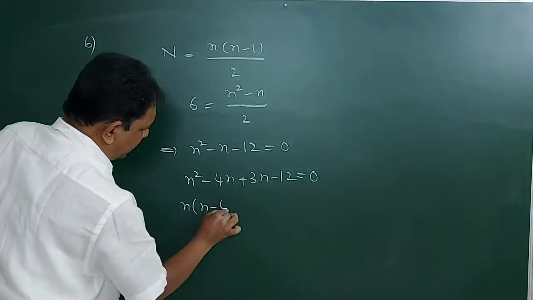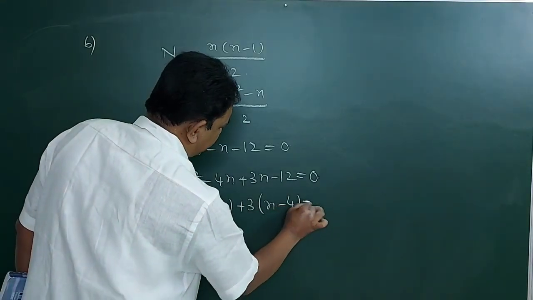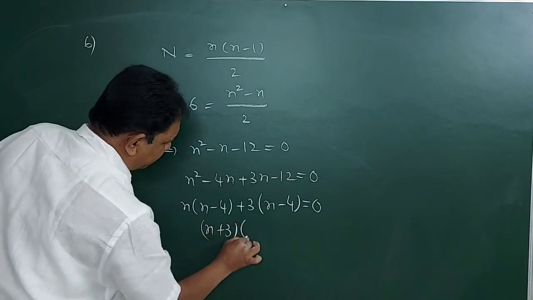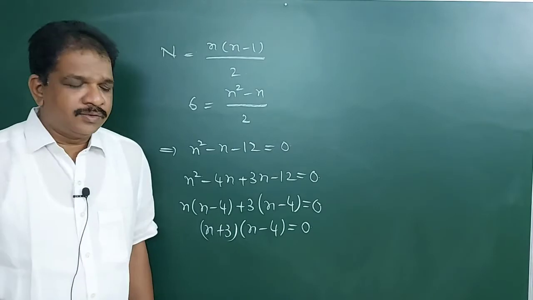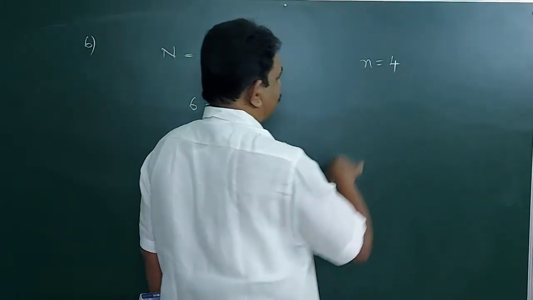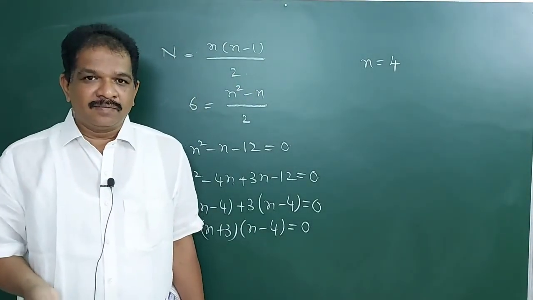Take n common: n minus 4, plus take 3 common, n minus 4 is equal to 0. n plus 3 into n minus 4 is equal to 0. So n is equal to 4. So it is jumping from the fourth orbit.